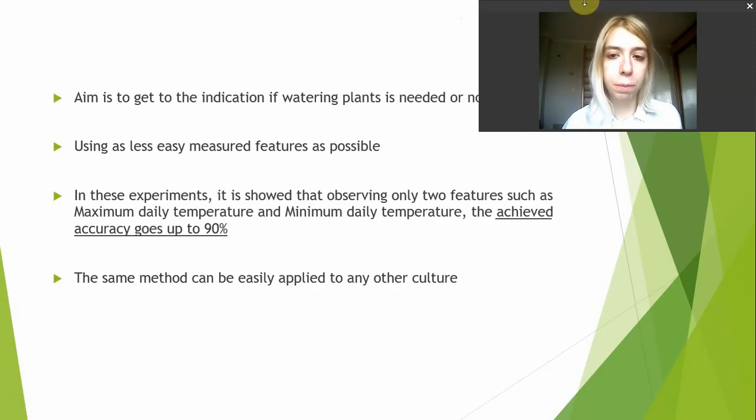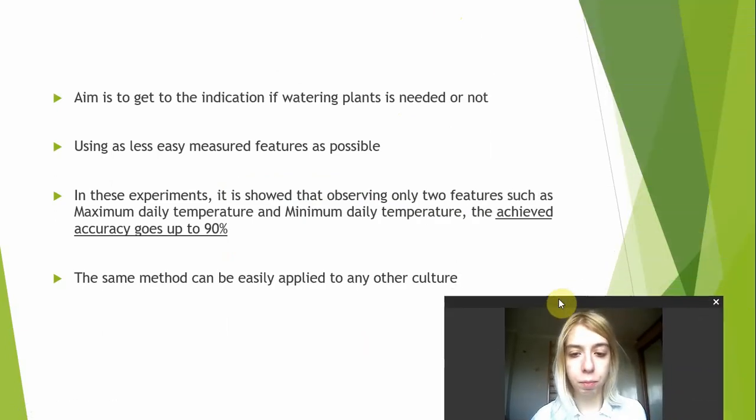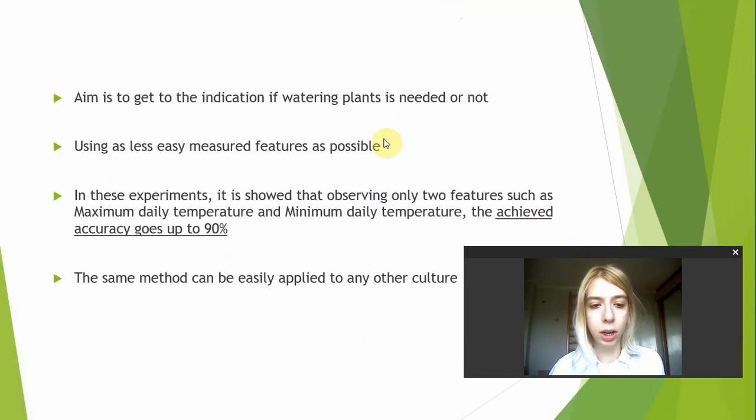The conclusion of this paper is that using only minimum and maximum daily temperature, such easily obtained data, we can have high accuracy for predictions and high reliability in the advice that the user gets, and a very concrete piece of advice on whether the plant should be watered or not.